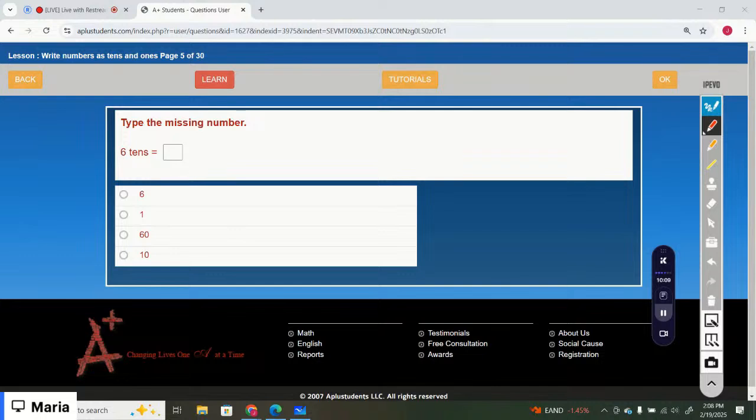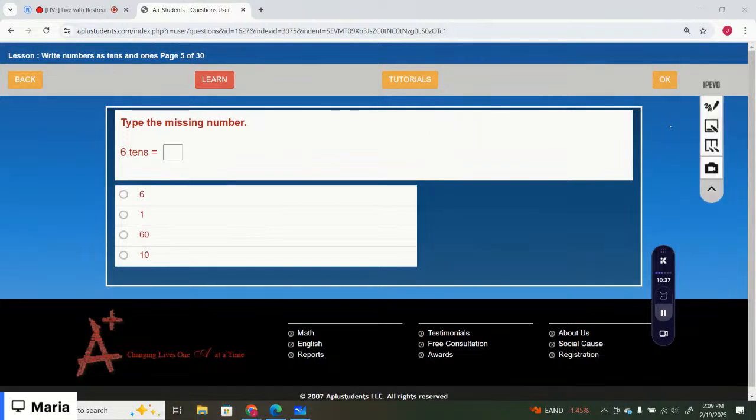So you cannot write a number without the ones. So six tens means you have zero ones. So six tens and zero ones make 60. Option number 3 is the correct option.